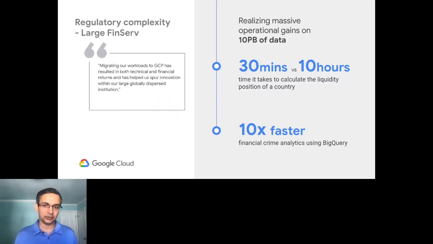And that was really stopping them from doing anything else. They have moved to do this on our data warehouse, and they now do this in 30 minutes per country. So the productivity that they get now allows them to focus on things which actually affect their business. And they're able to do this under all the regulatory and compliance constraints that a large bank has, being in tens of different countries.